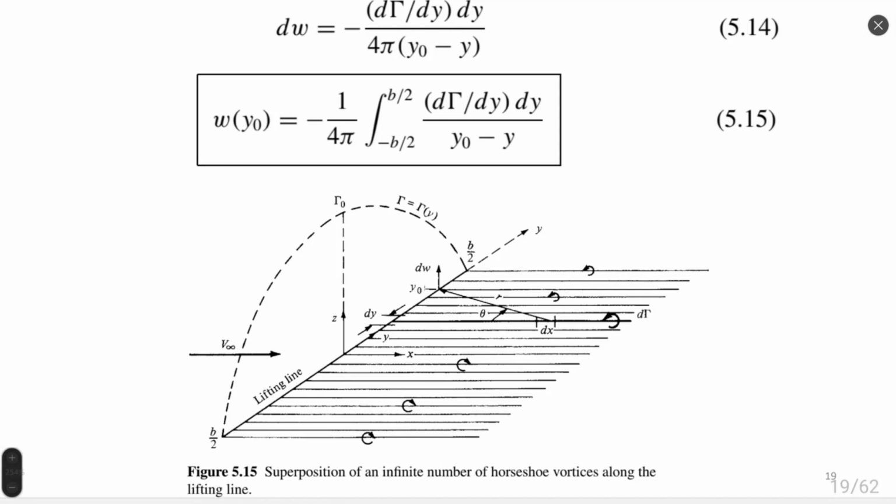So equation 15 is representing to us the relation between downwash velocity and the circulation over the wing. Now let's try to solve this equation by some way. I hope you already understood that there is no analytical solution for any arbitrary shape of the wing.